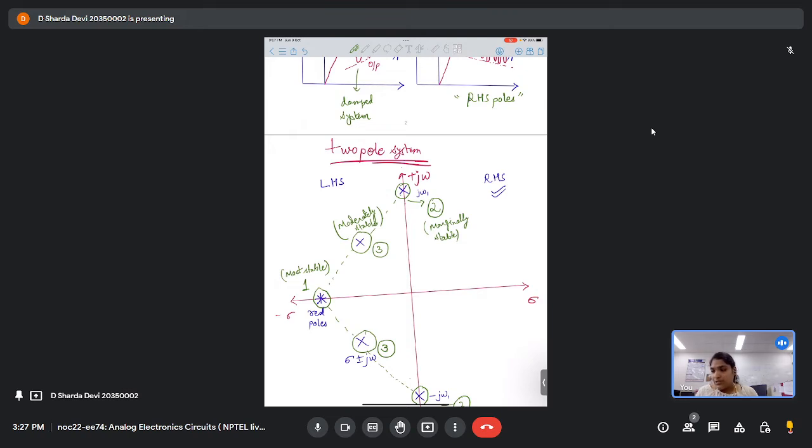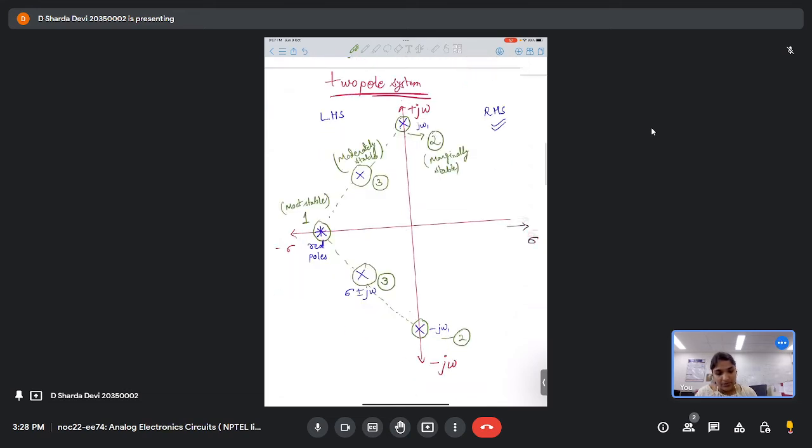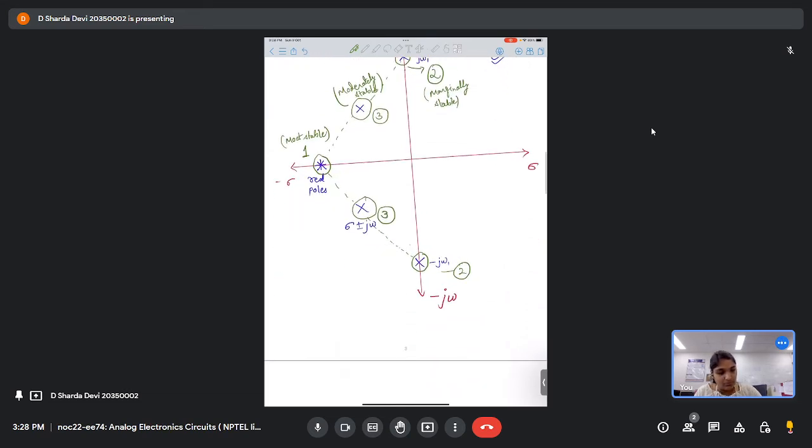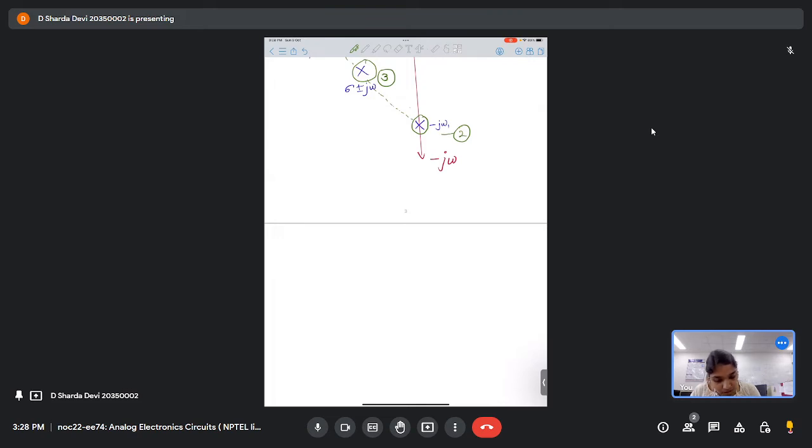The first condition is when we have a system with input and output, like we normally have in our analog circuits.